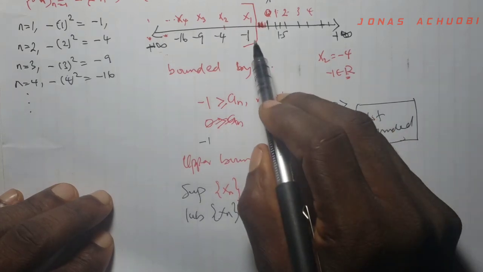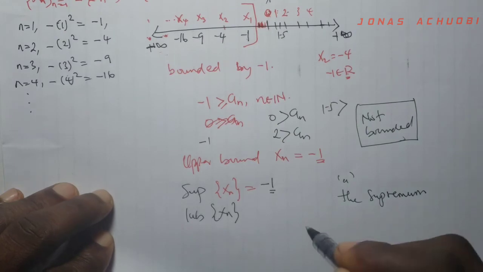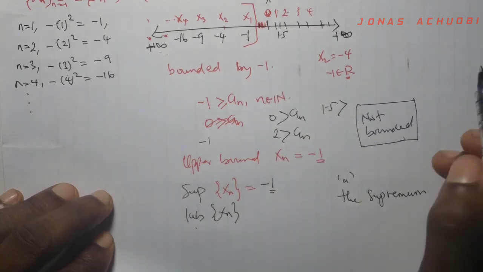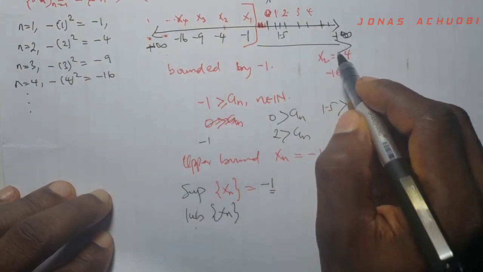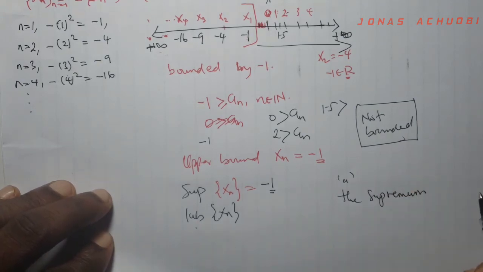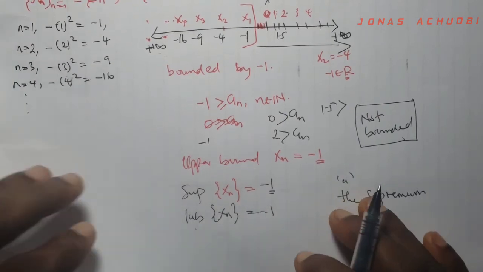So -1 is an upper bound, 2 is an upper bound, but -1 is the supremum or the least upper bound. What are we saying here? That we could have so many upper bounds for a particular set or a particular sequence, but the least of all the upper bounds is what we call the least upper bound of the sequence or the supremum of the sequence.